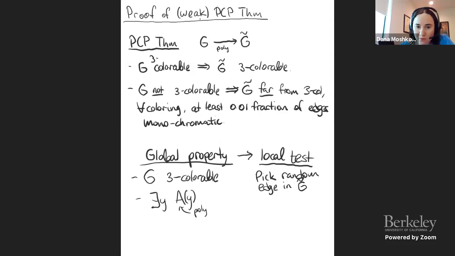You can choose that as your global property. So G is three-colorable: there exists a coloring such that all the edges are colored right. But you can pick anything. Your input can be a number n, and your y can be some possible mathematical proof, and a verifier can check whether this is a valid proof of size n of the Riemann hypothesis.